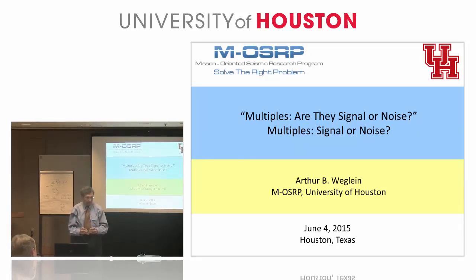John Claerbout a long time ago said, when you do these asymptotic forms of migration, whether it's Kirchhoff or beam, any variant other than wave, yes, you are going to have an imaging issue.